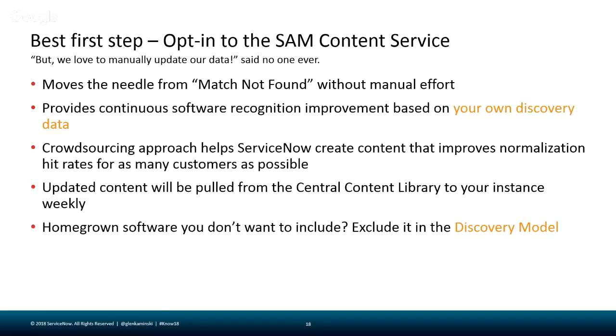That way you can just manage that, keep that information within your own instance. As the content curation team does research and includes that new software in the content library, that updated content will be pulled from the central library to your own instance on a weekly basis. So that's step number one.